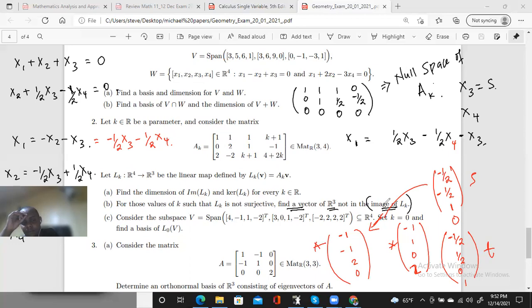And if it's not equal, then it is injective, or? If it is not equal, then it is not surjective. If the rank of your matrix and the number of rows are not equal, then your matrix is not surjective.